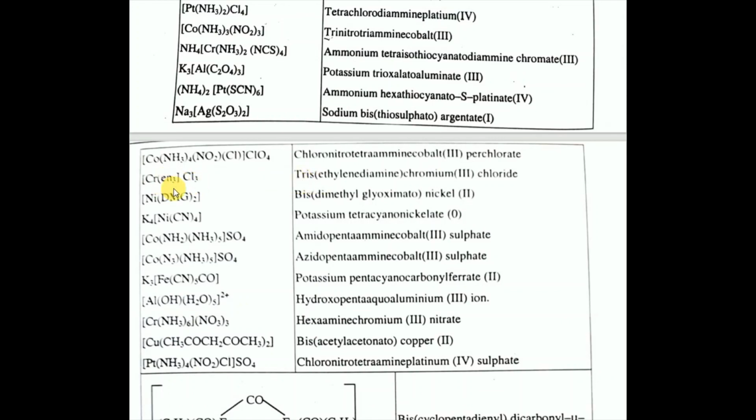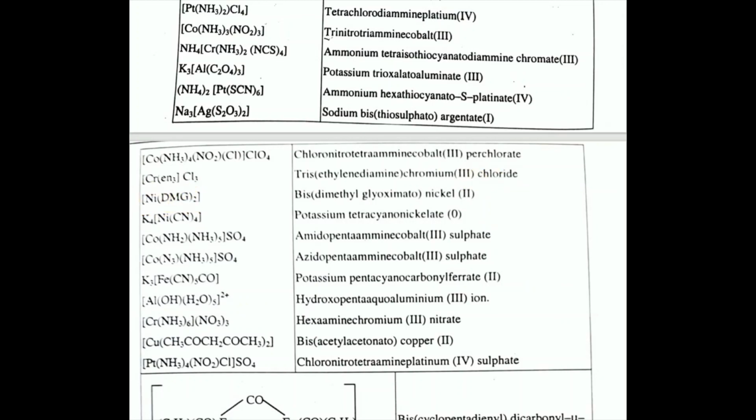Then in small brackets its name, en, means ethylenediamine. Its number is 3, therefore tris(ethylenediamine). The metal is chromium, its oxidation state is 3, and this is the name of the anion outside the square bracket. Therefore, according to IUPAC nomenclature, the IUPAC name of this complex is tris(ethylenediamine) chromium(III) chloride.